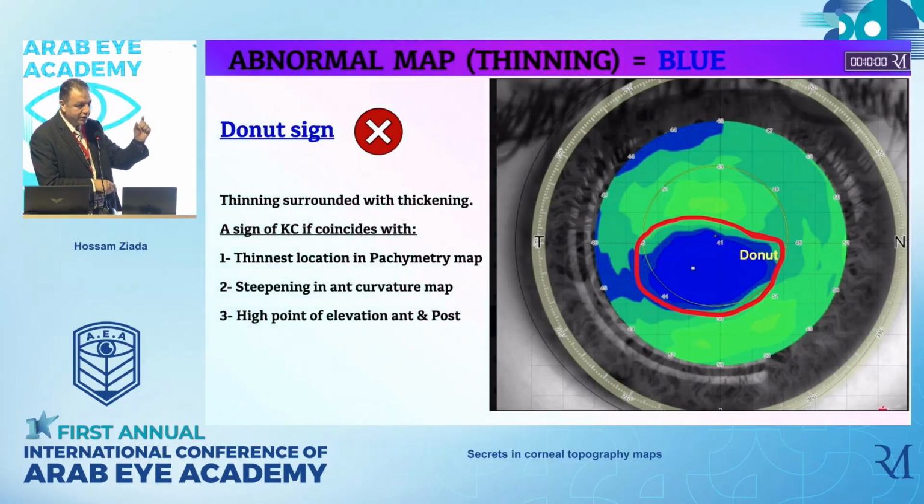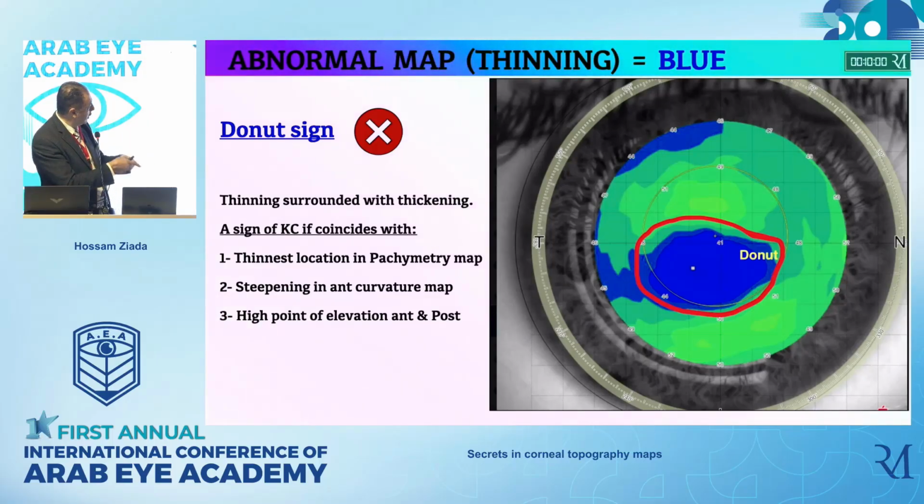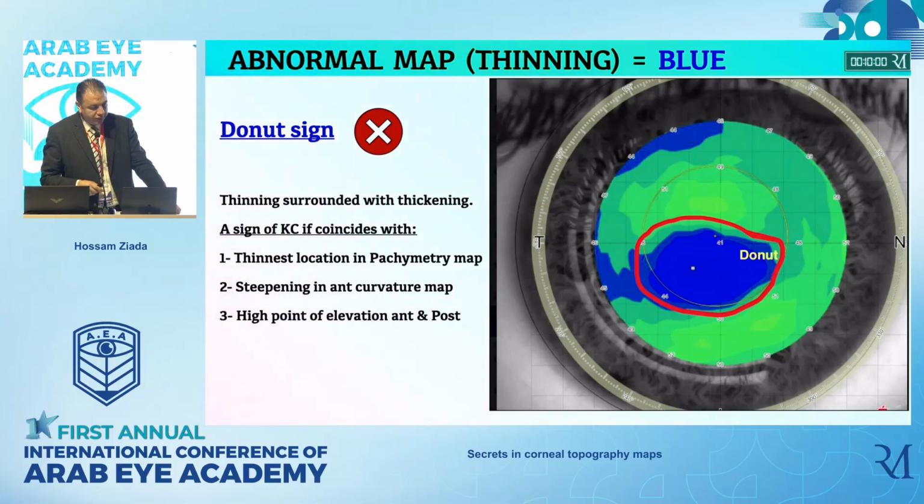Donut sign means localized thinning on the apex, surrounded by a border of thickening. So it is one of the sure signs of keratoconus.